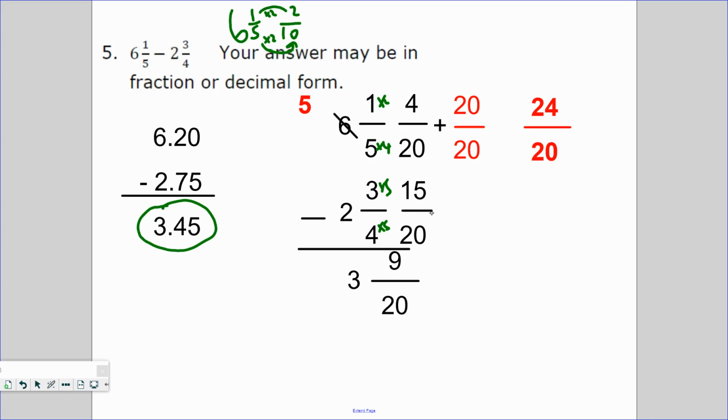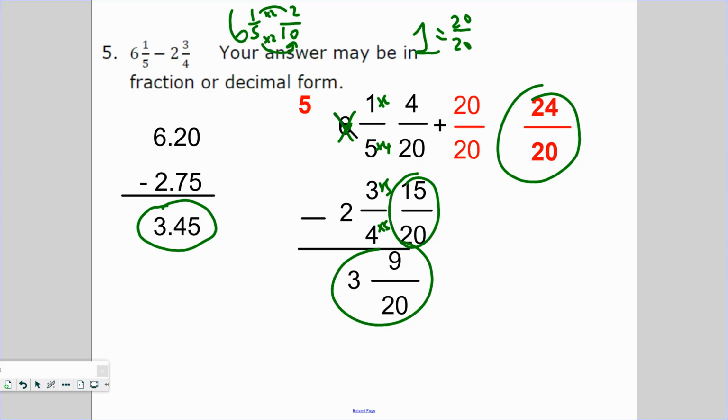Can I subtract 15/20 from 4/20? No, I'm going to have to regroup. So 6 becomes a 5. And how do you turn a 6 to a 5? What are you taking away from a 6 to turn a 5? You're taking away 1 whole. How would you write 1 as a fraction form? 20/20. So 4/20 plus 20/20 is 24/20. Can you subtract now? 24 minus 15 is 9/20, 3 and 9/20.